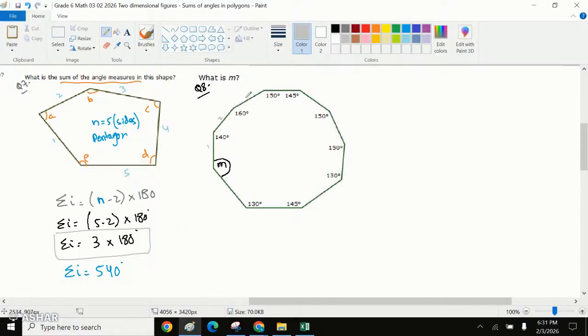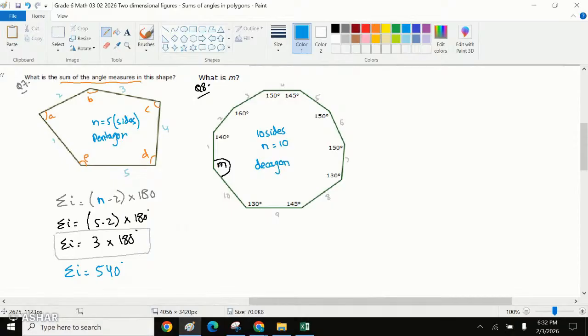One side, two sides, three, four, five, six, seven, eight, nine, and 10, right? So can I say that there are 10 sides? If there are 10 sides, the value of n would be 10. And the name of the shape would be decagon, right? 10 is used for deca and gon is for the sides.